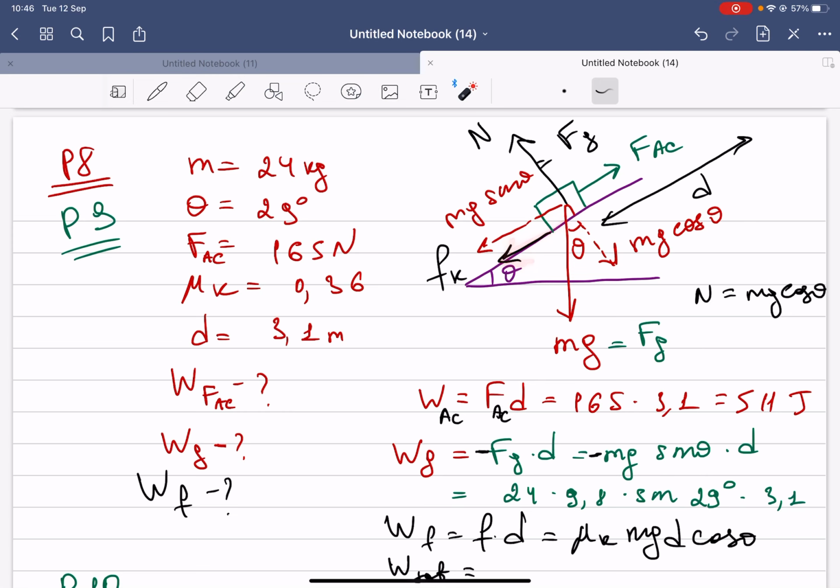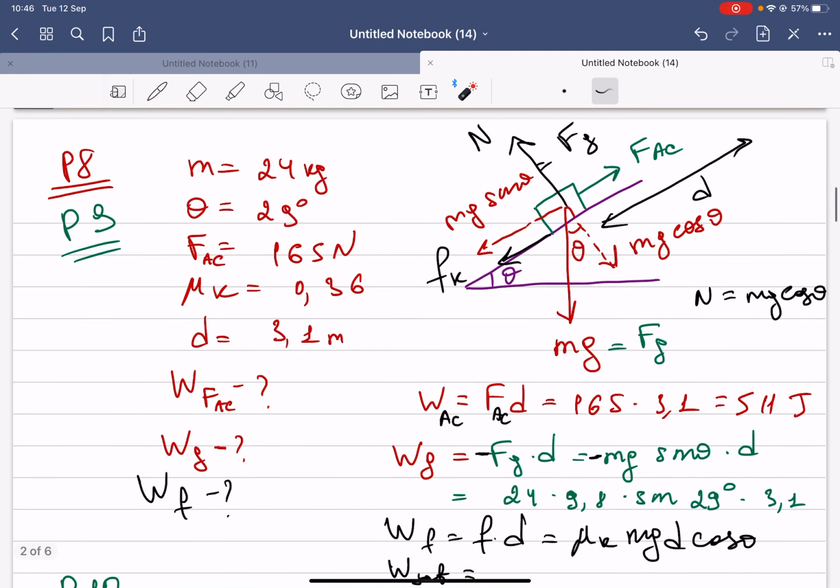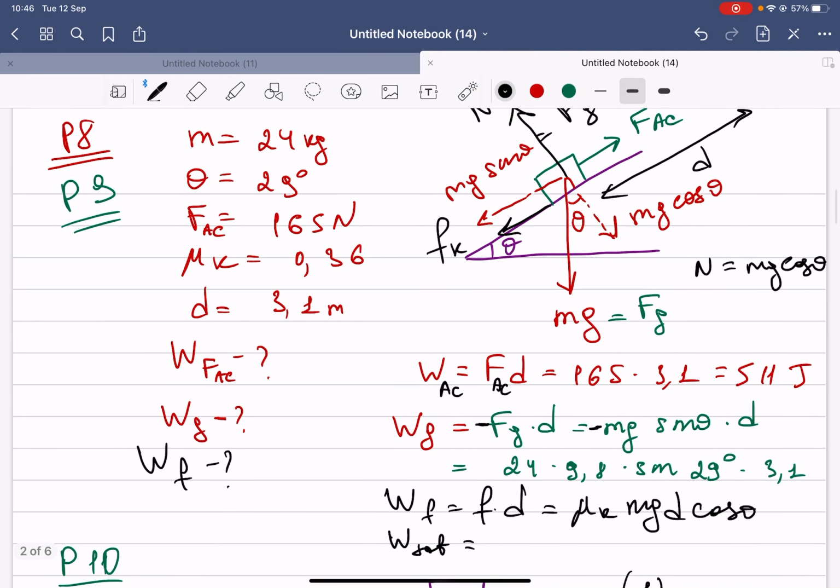So the work done by friction will be the friction force multiplied by the distance: mu k mg d cosine theta, because the normal force here is equal to mg cosine theta, which is this component. Again, since the direction of the friction force is opposite to the displacement, you have to put a negative sign here. When you calculate it.